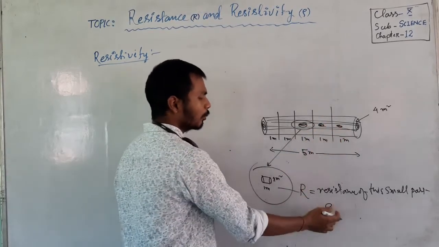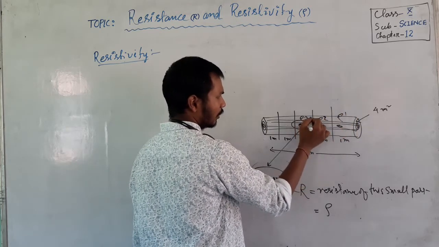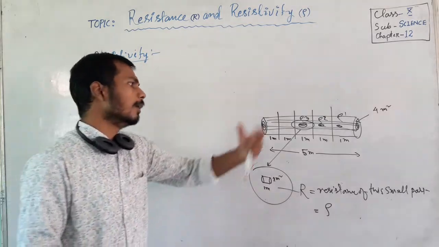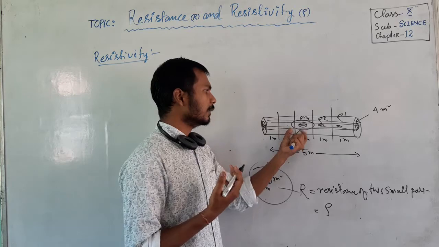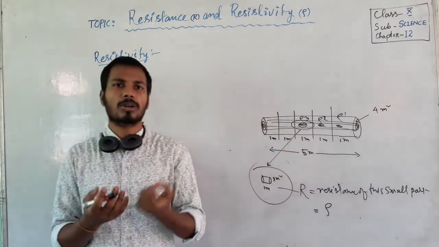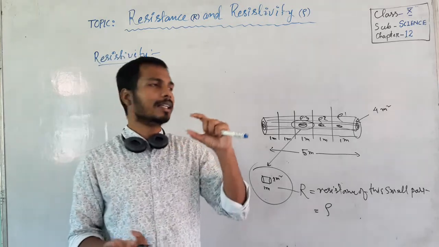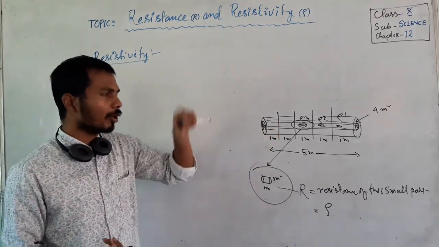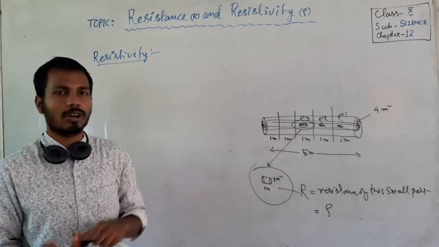This small resistance, they together combine to form the whole resistance of the material. Or we can say resistivity is the building block of resistance. Say for example, in a building, bricks are considered as the fundamental unit for construction of the building.